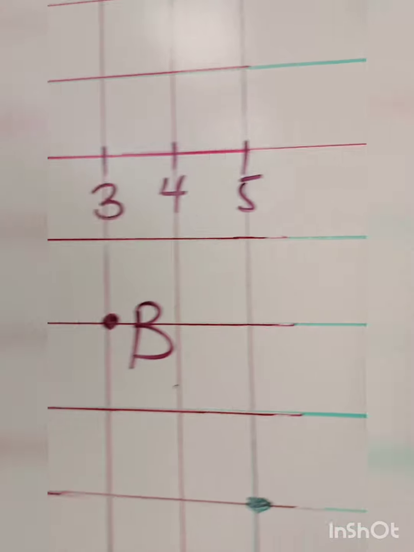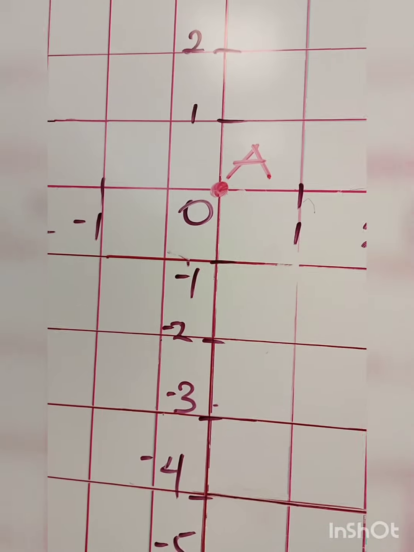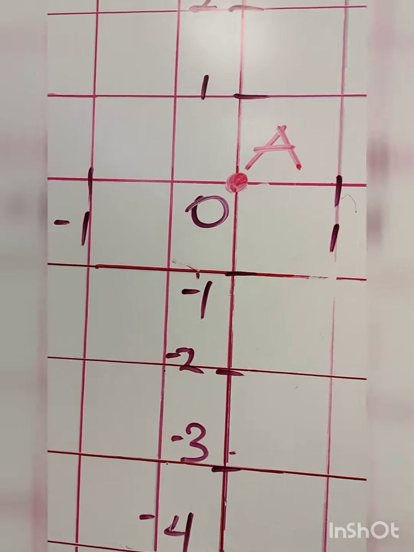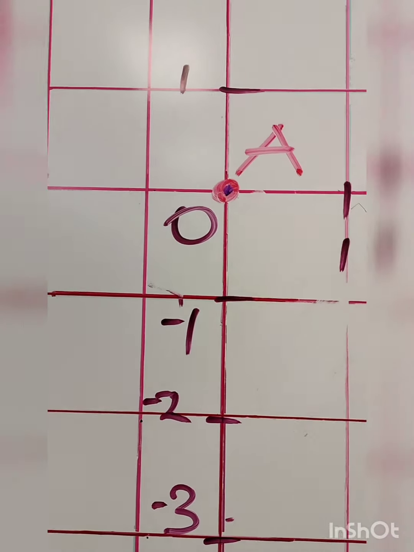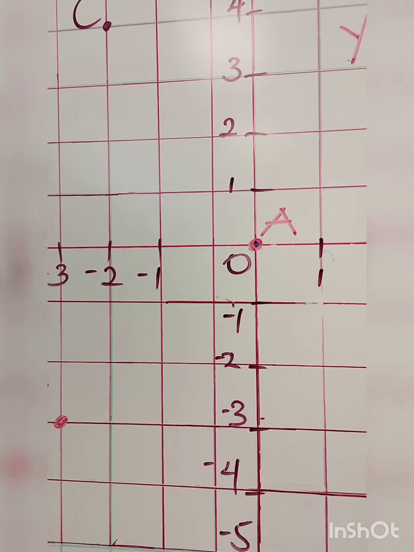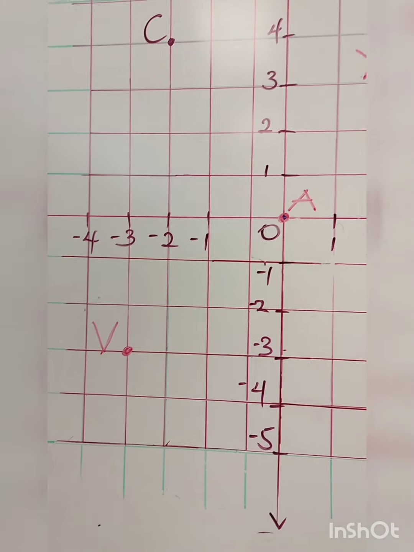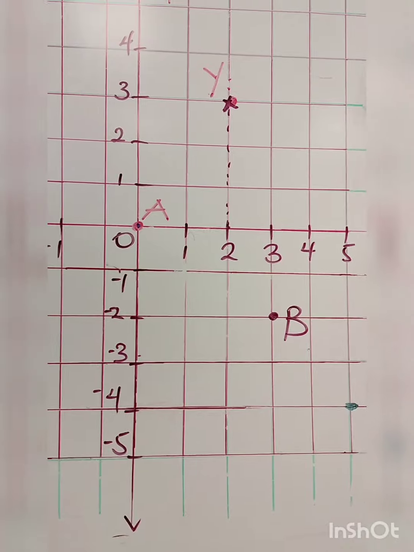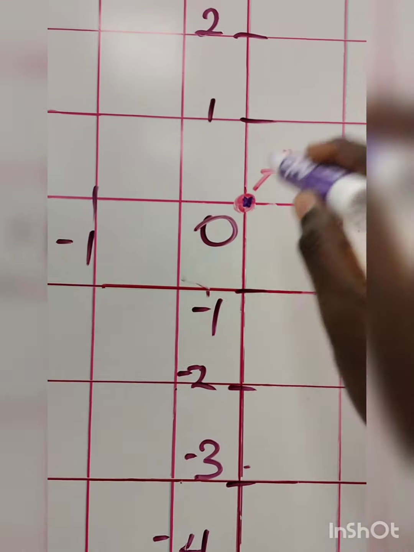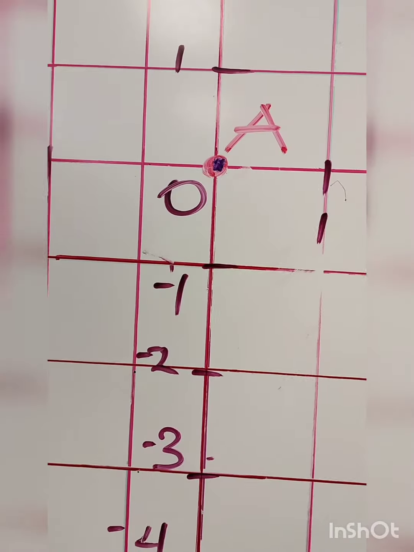Good. Okay, so with this one, the first thing that they did was to identify the ordered pairs. So this is our coordinate plane. Now let's identify the ordered pair for point A. What is the ordered pair for point A?